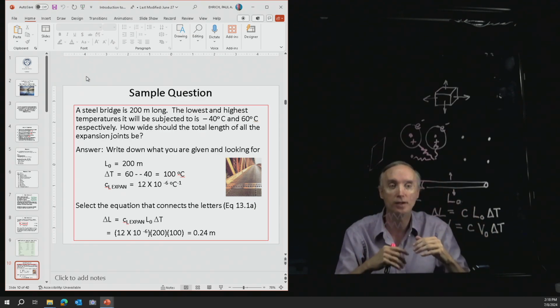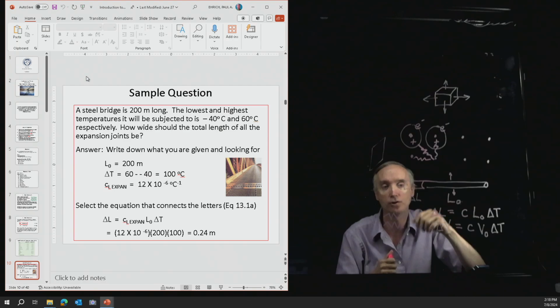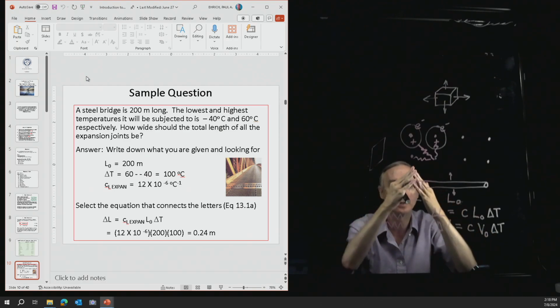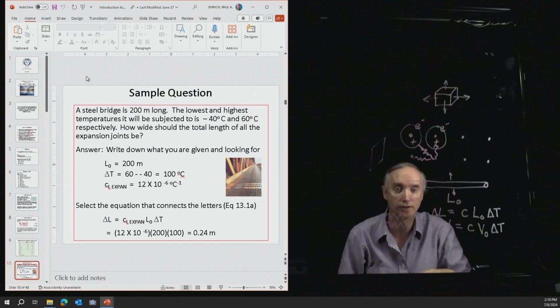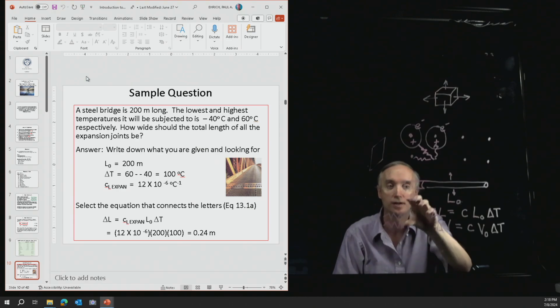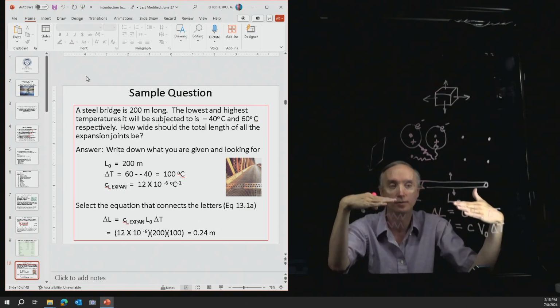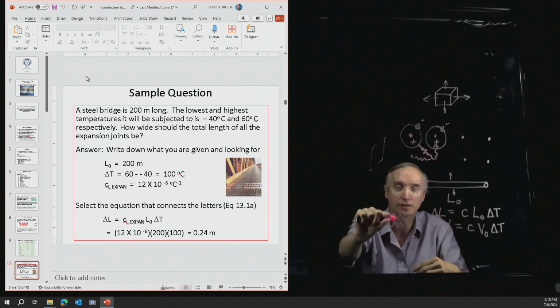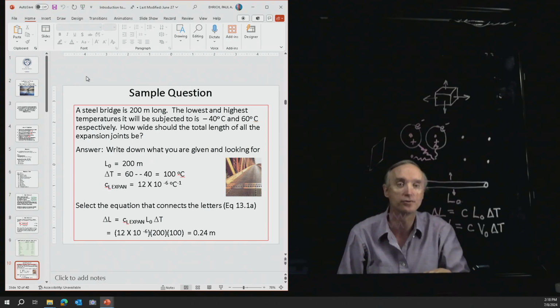Repeated heating and cooling would cause that bridge to bend, and then it could structurally weaken. So the idea of an expansion joint is to set some spaces in the bridge, so as the bridge heats up, the bridge can expand, and those expansion joints are going to get closer together, and that's going to help save the bridge.